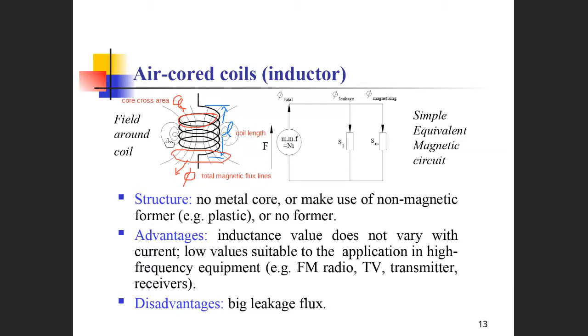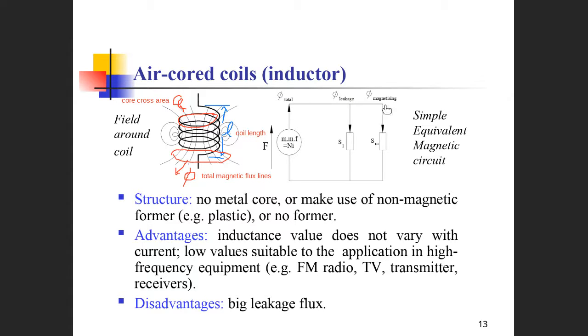The other part leaks into the air through the gaps between the coils. This is the leakage flux. We have the useful flux, which we call the magnetizing flux. The leakage flux and the magnetizing flux added together give the total flux.